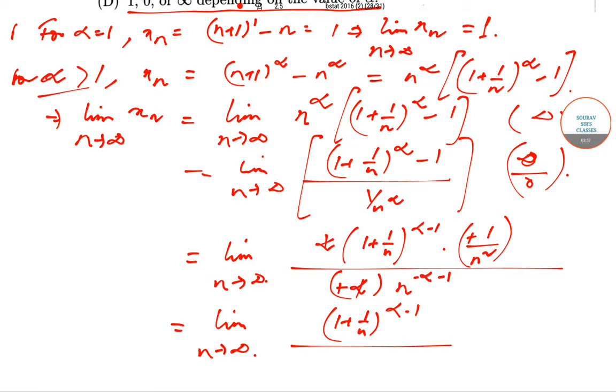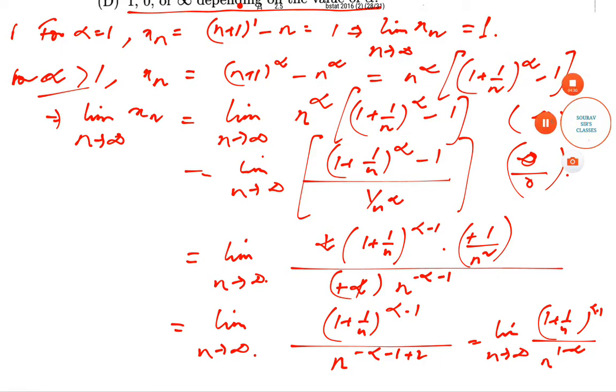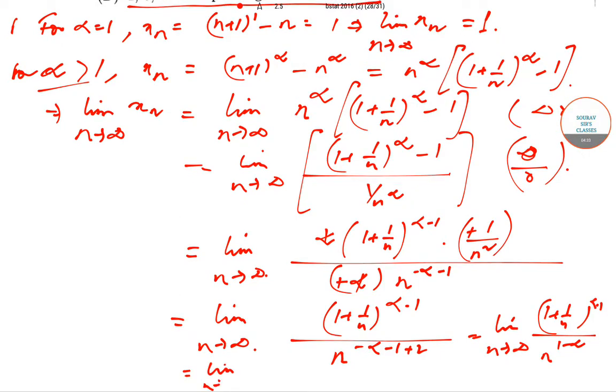divided by n to the power minus alpha minus 1 plus 2. So this will give us the limit as n tends to infinity of (1 plus 1 by n) to the power alpha minus 1 upon n to the power 1 minus alpha.